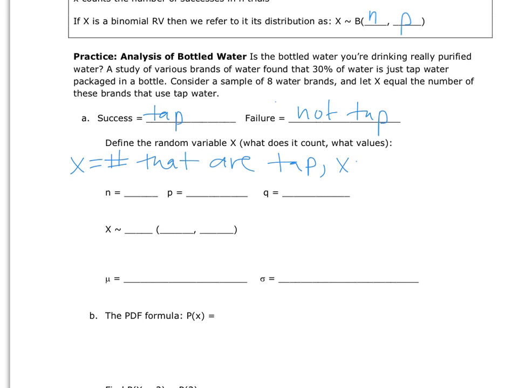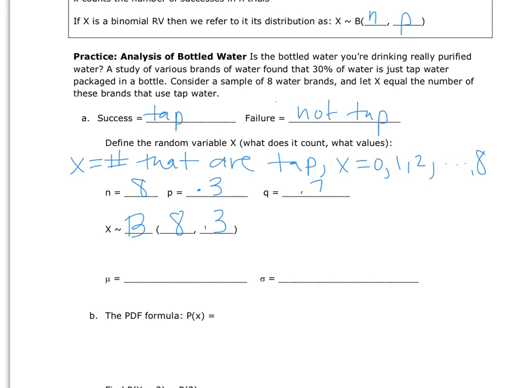X is going to equal 0, 1, 2, all the way up to 8, since the sample size is 8. The probability that we get tap water is 0.3, so the probability it's not tap water is 0.7. So this is binomial, where n is 8 and p is 0.3.